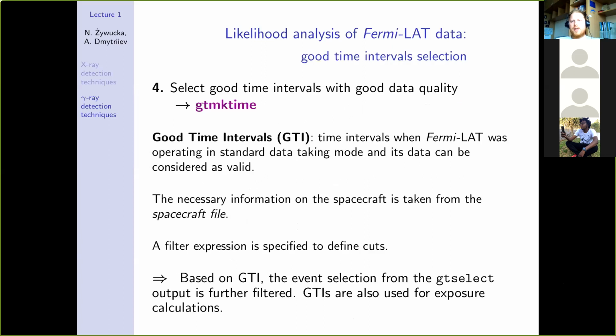So you selected your data, your events, so you have a sub-selection from what you downloaded. You need to apply also good time intervals. You find when your spacecraft was operating in good conditions, in standard data taking mode, and the data can be considered valid, so nothing was interfering with the observations. Electronics were working perfectly, no anomalies. These good time intervals are applied on your sub-selection.